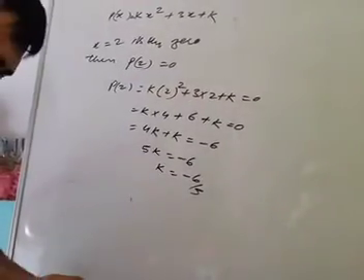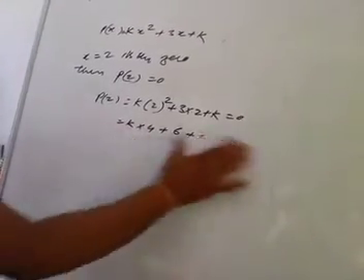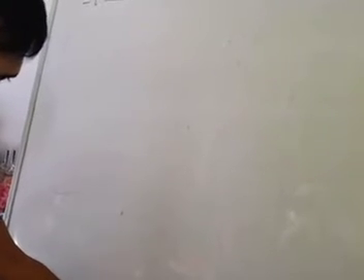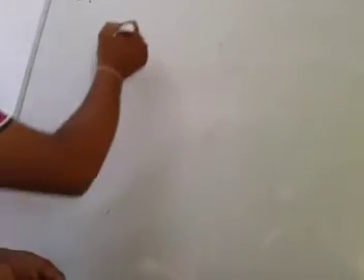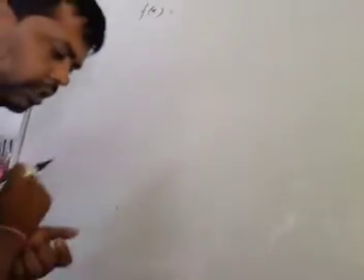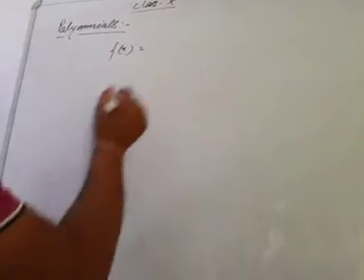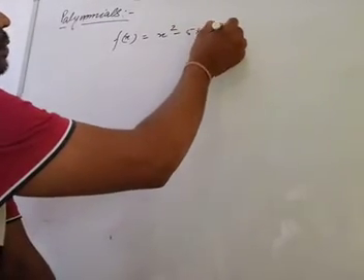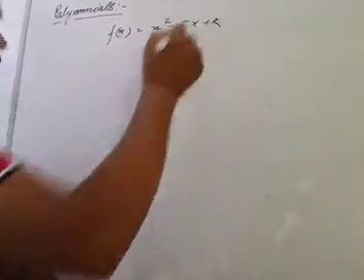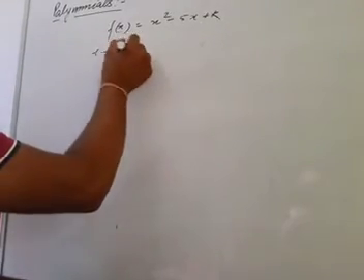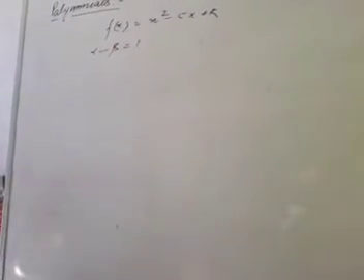Suppose one question he gives you, he says if fx is the polynomial x square minus 5x plus k, such that alpha and beta are zeros and alpha minus beta is given as 1. So we have to find the value of k.